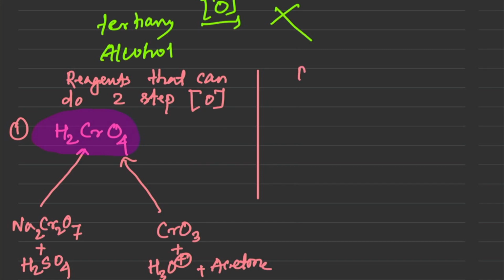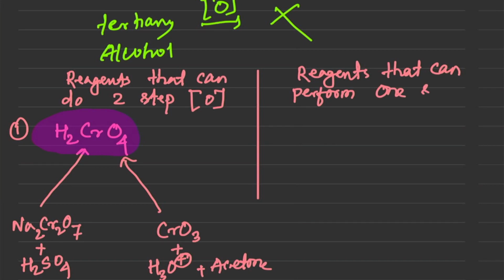And this one here, reagents that can perform one-step oxidations. These are a little bit milder reagents, green chemistry. Okay, so one is pyridinium chlorochromate with CH2Cl2.